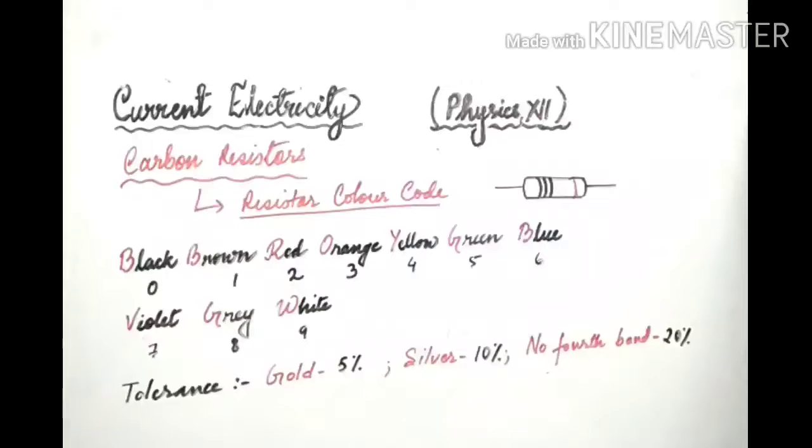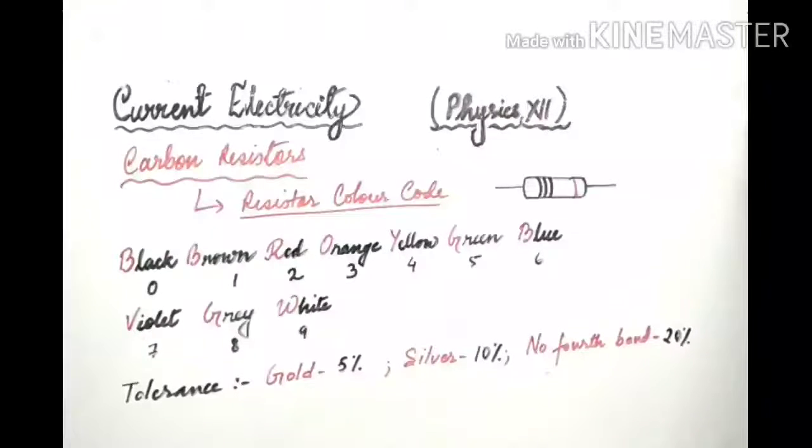In the example, you may be given that a carbon resistor is marked in these colors. The first, second and third bands are marked in these colors, and you have to find out the resistance seeing the colors.